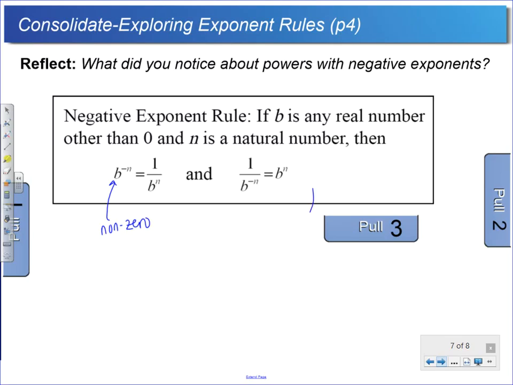Now, natural means more or less the counting numbers. In fact, you can also use 0 as a whole number. That works too, but generally speaking, we'll keep it to the natural numbers or the counting numbers.